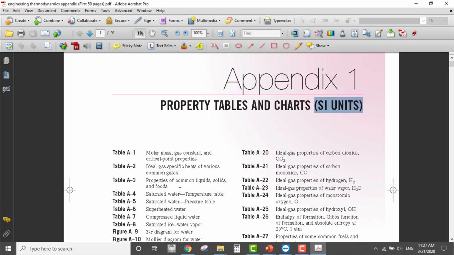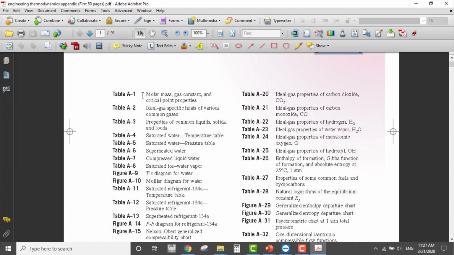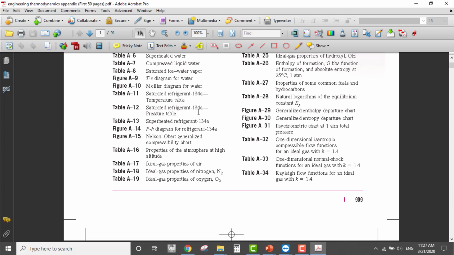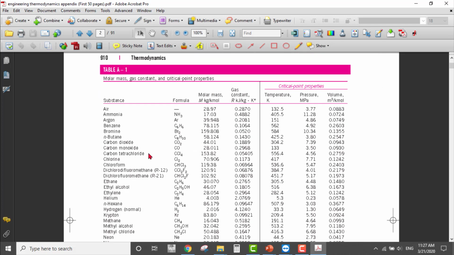Now, I need the property of air, so I will go to the first table, table A1, and I will look for air. Here is the air. So the molar mass or molecular weight of air is 28.97 kilogram per kilomole. Okay.